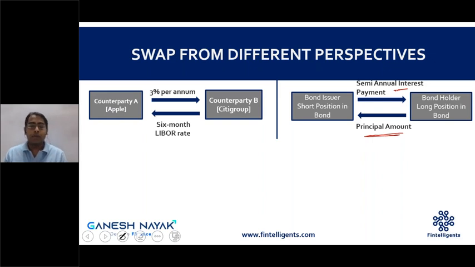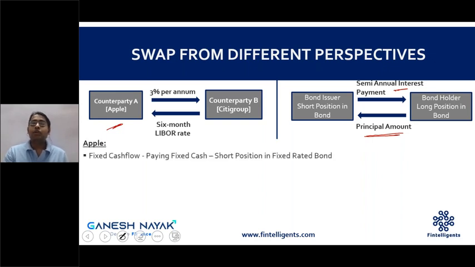We'll look into it. Suppose we take an example of Apple. Just look at Apple and see that Apple is making a fixed cash flow every 6 months to Citigroup. That means Apple has taken a short position in a fixed rate bond.